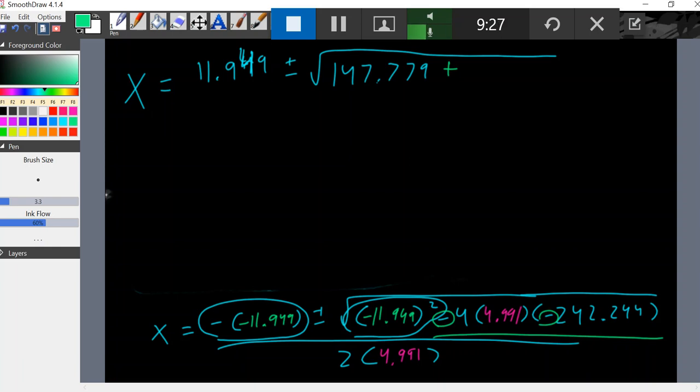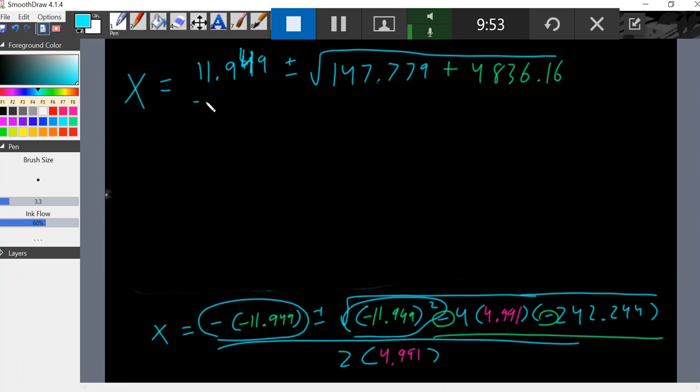And this just allows me to multiply these numbers. I can do 4 times 4.991 times, and if you're following my method of counting up the negatives at the start, we just put in a positive 242.244. And we are going to get this number right here, 4,836.16. Okay.